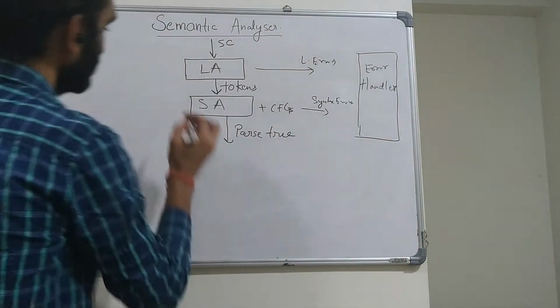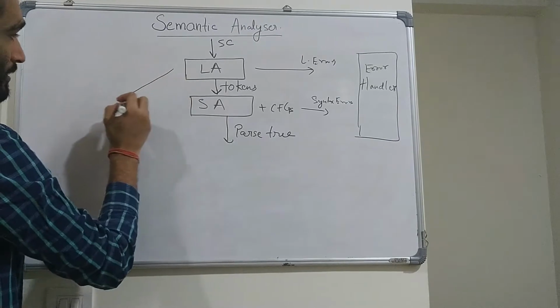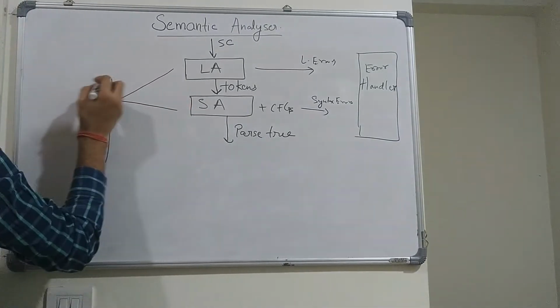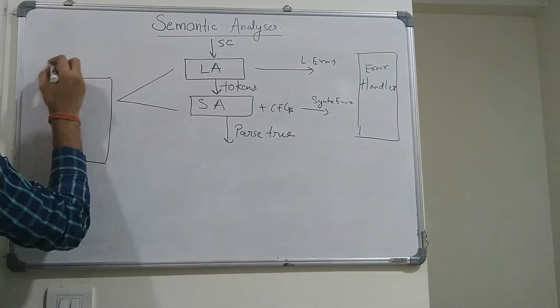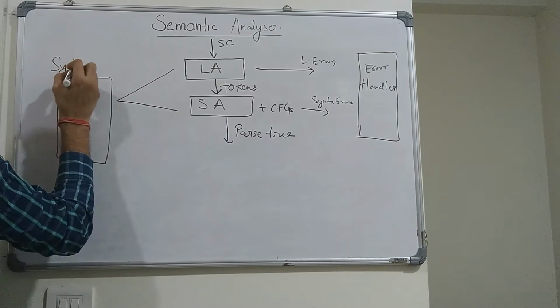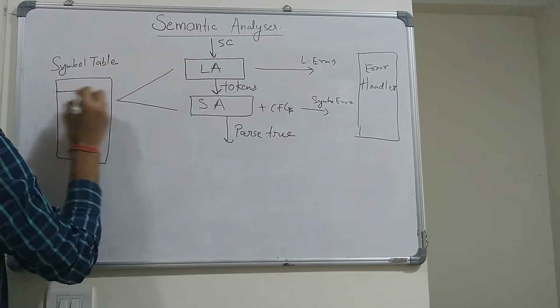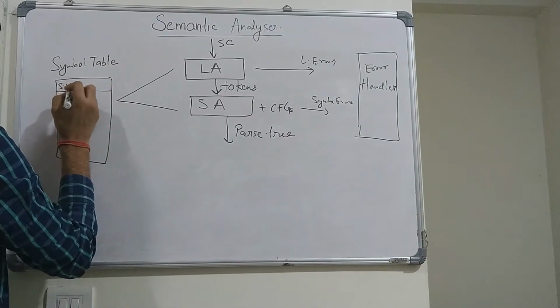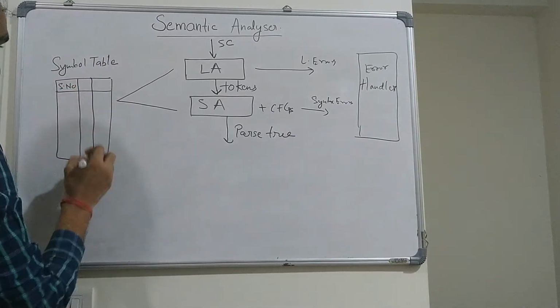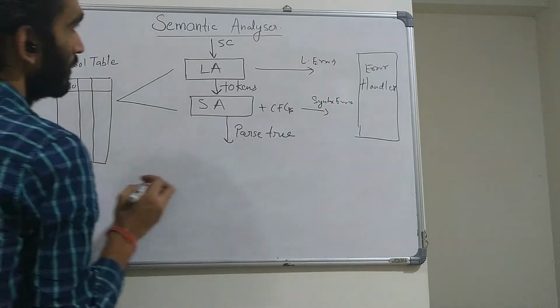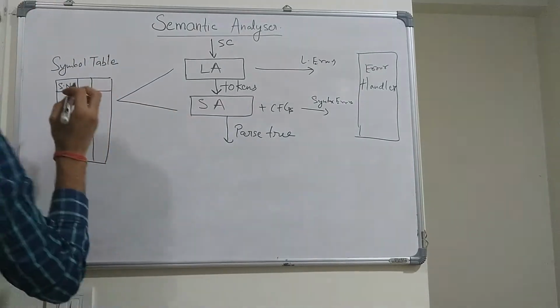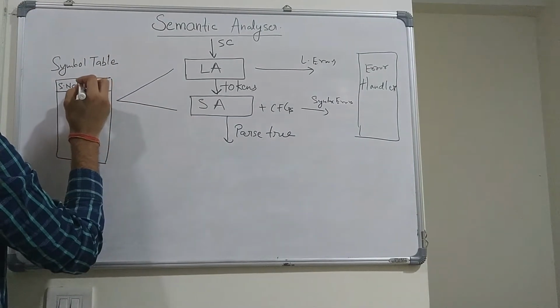And in addition, it is also connected to the symbol table, which contains information about the symbols being used in the compilation process, or we can better say in the programming language.